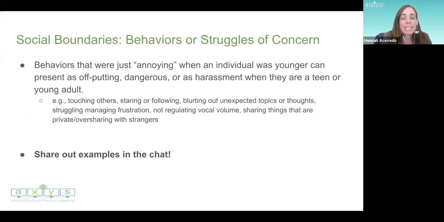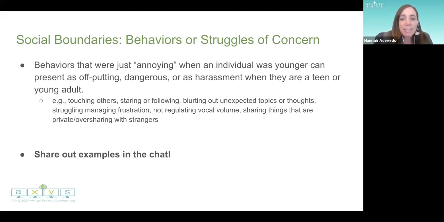Something important to consider is that this doesn't come out of nowhere. Often there are behaviors when a child is younger that we just think of as annoying or different, like getting into people's personal space, touching people's hair, or blurting out the first thing that comes to mind when you meet someone.